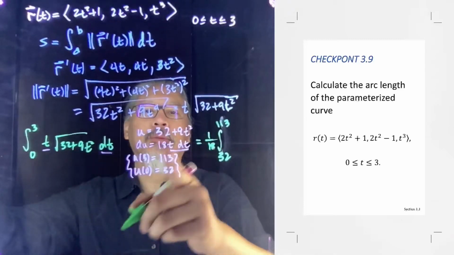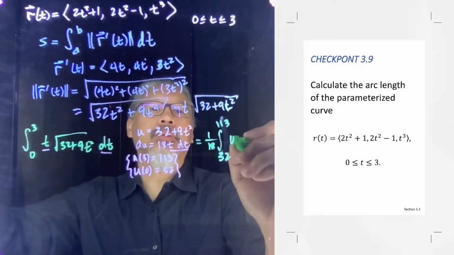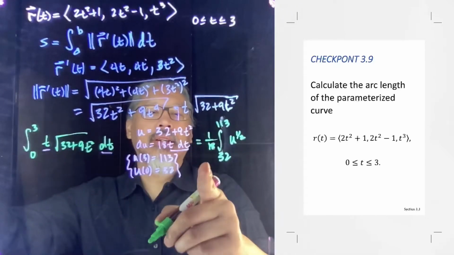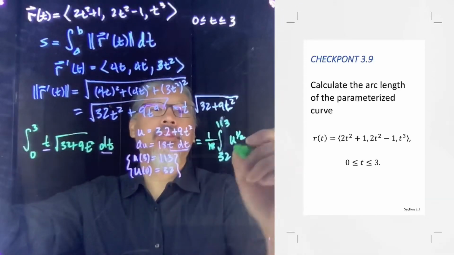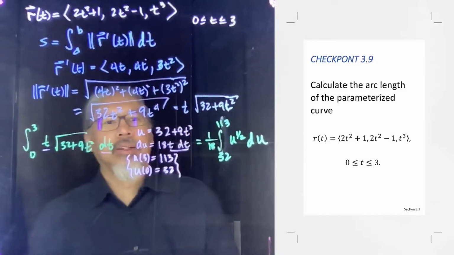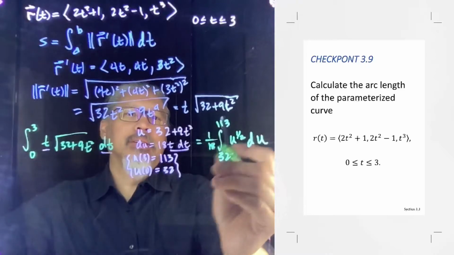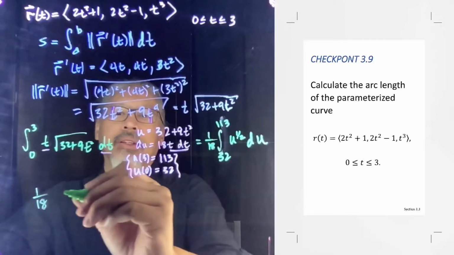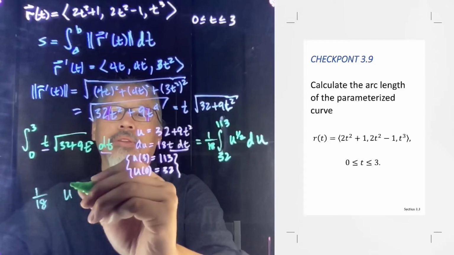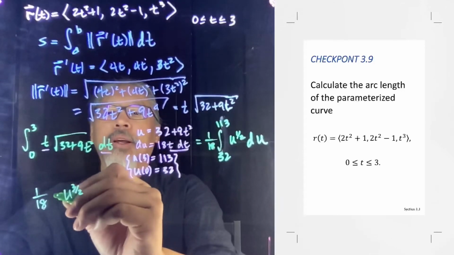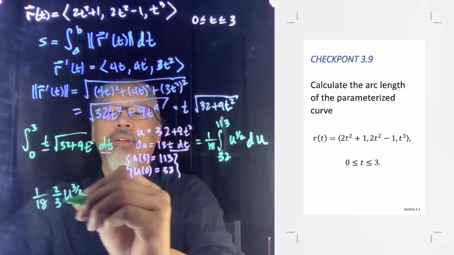And then we're going to have a u to the 1/2. And we took care of that t, and I think everything else is taken care of. Okay, so that's 1 over 18, and this is going to be u to the 3/2 divided by 3/2, so that's essentially like multiplying by 2/3.